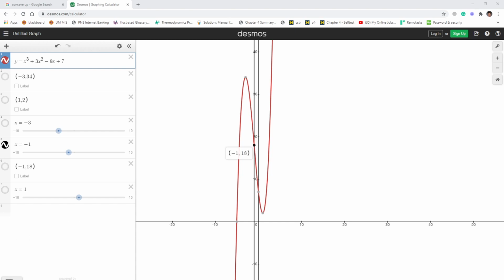So makita niyo sa graph kana, so di ba increasing, and then pag abot niya diri sa local maxima, baba siya, decreasing, and then pag abot niya sa negative 1, 18, nag-start og change ang concavity. So di ba ang concave downwards, nag-start na siya change diri concavity until such time abot siya sa 1, 2, then balik siya pasaka.